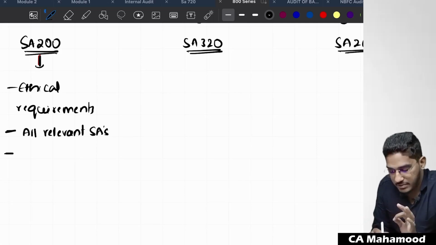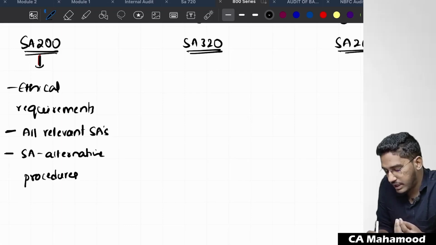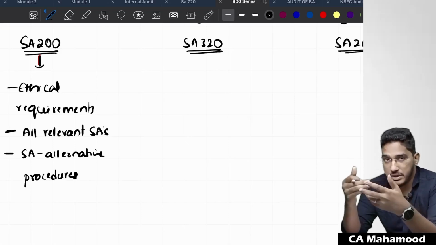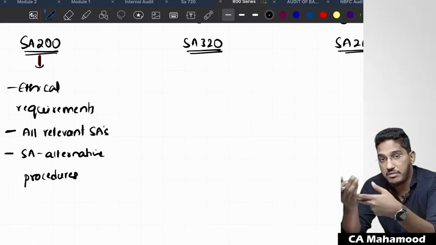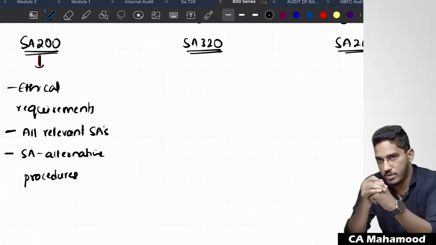Sometimes in exceptional circumstances, you might not be able to meet the requirements of the standard on audit and you can perform alternative audit procedures. Then you are permitted to follow some other approach apart from whatever has been told in the standard, to achieve your objectives.